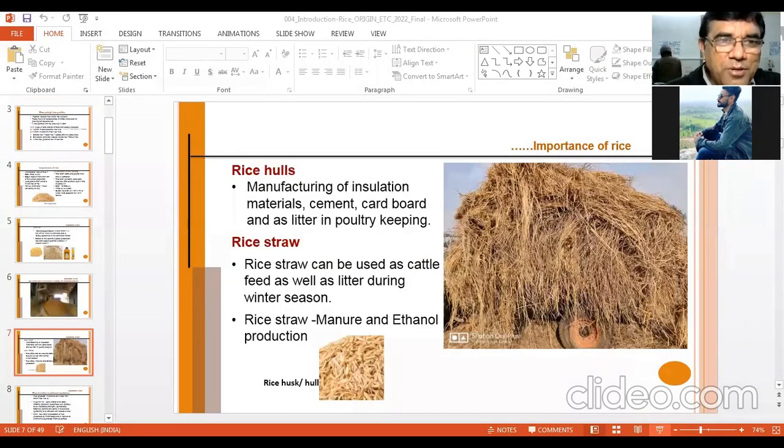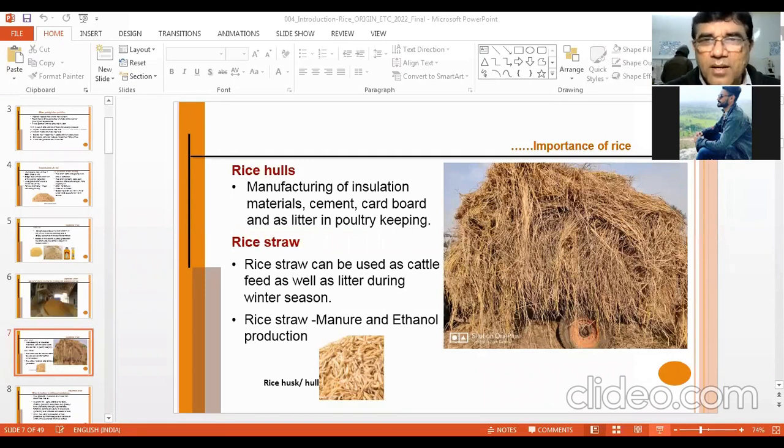Sorry. So rice straw, I think you are aware that in Punjab and some states, it is an issue where people burn it, but it has found some alternative uses like cattle feed and litter during winter season as a bedding material. It can be used as a composting material.